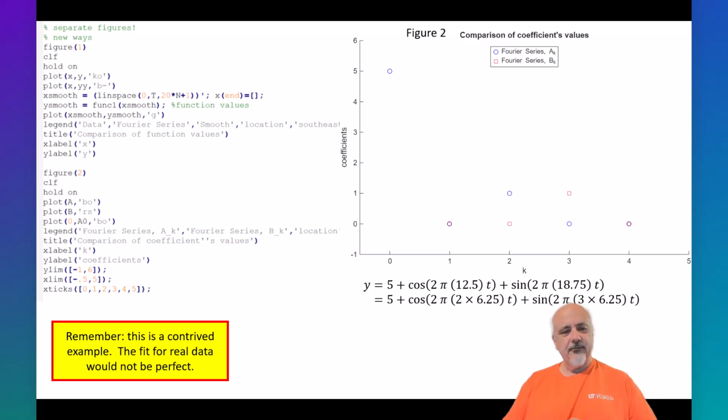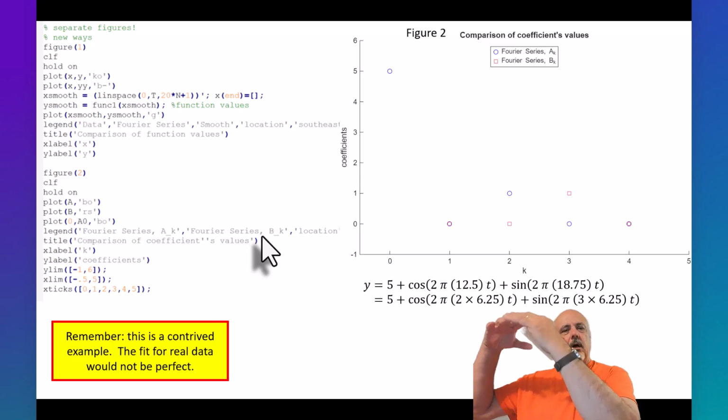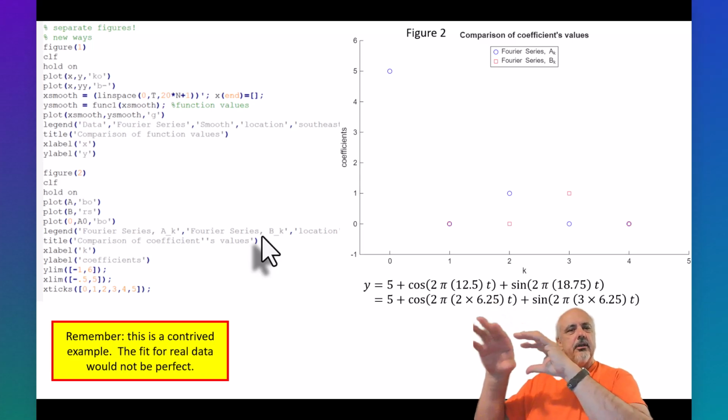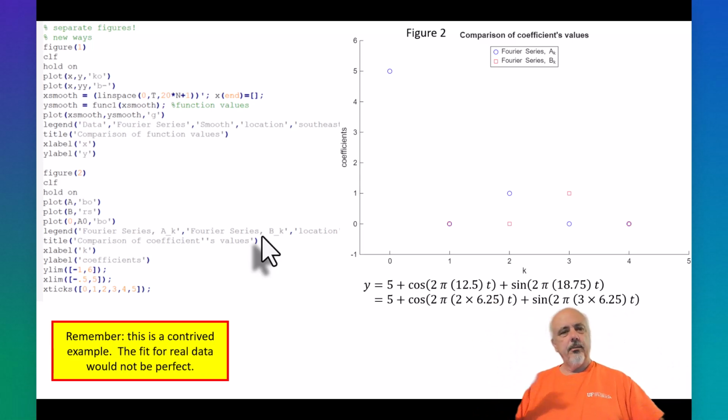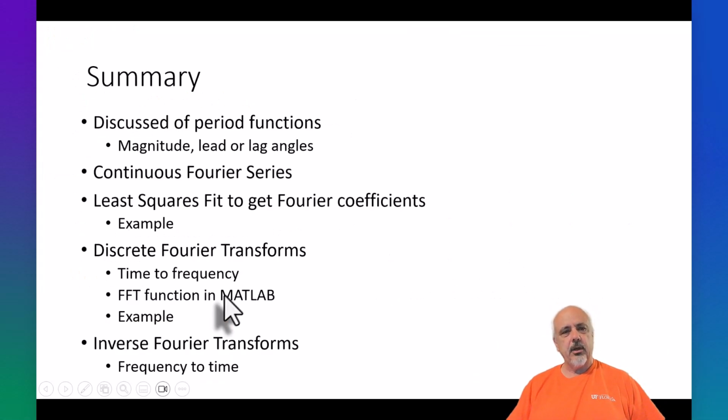Remember, this is a contrived example, so the fit for real data would not be perfect. But it was really instructive here to see, okay, we started with something so that when we do the FFT, we have an expectation of seeing an equivalence of what we started with. So now we can kind of use the FFT, I think, with some confidence.